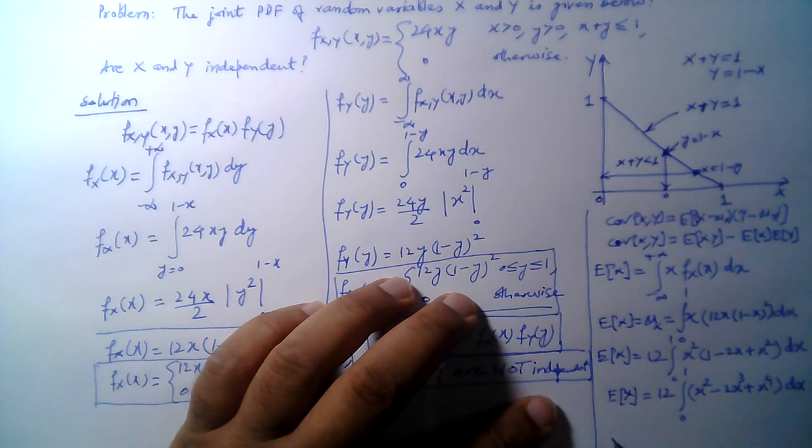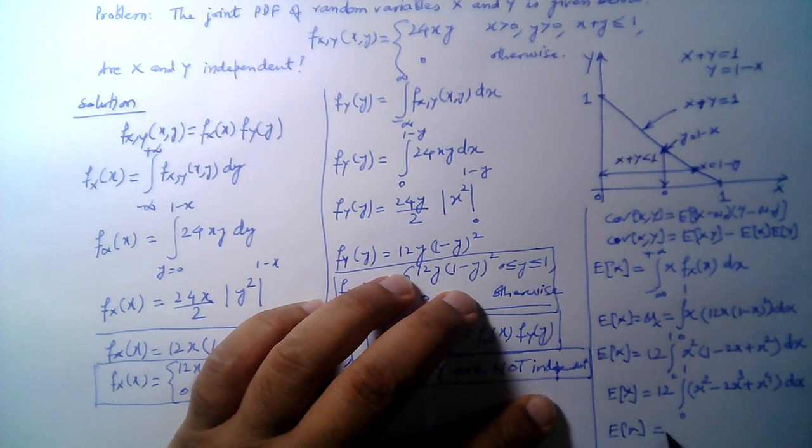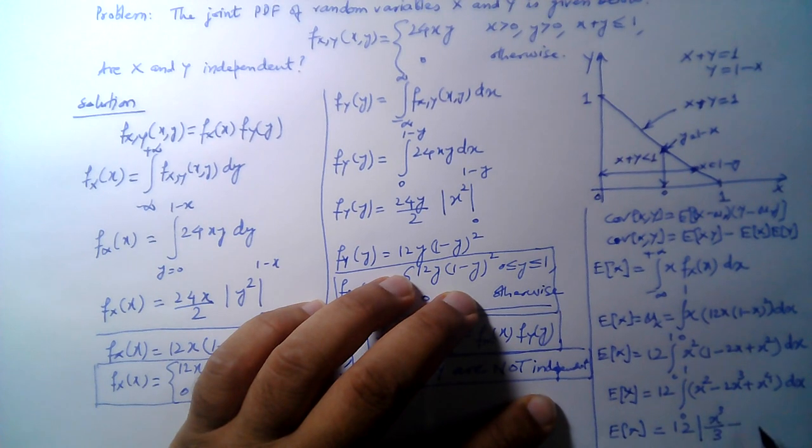And expected value of x then is given by 12 times x cube over 3 minus 2x raised to power 4 over 4 plus x raised to power 5 over 5, and the limit is from 0 to 1.